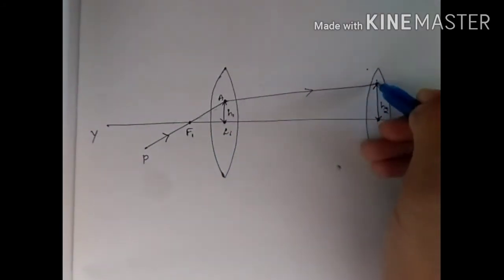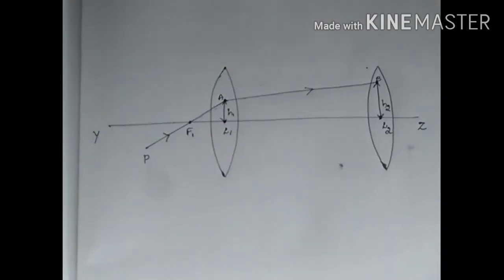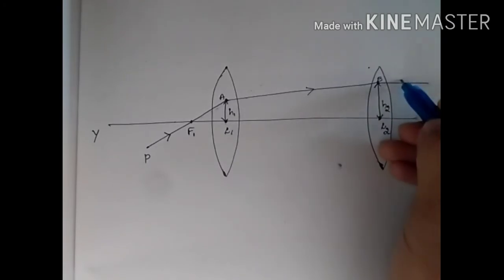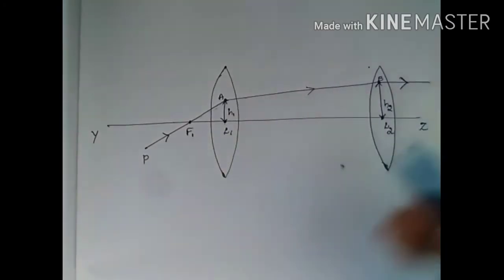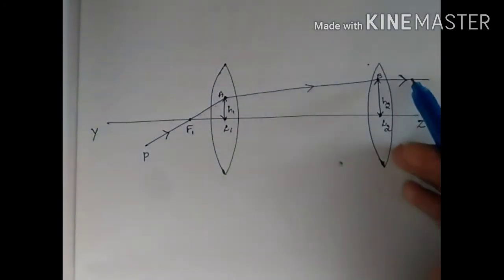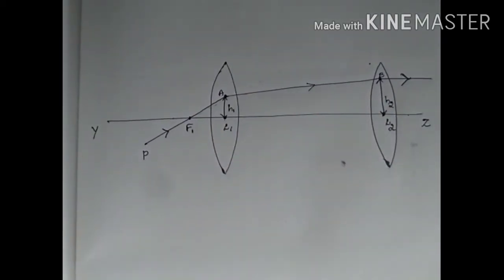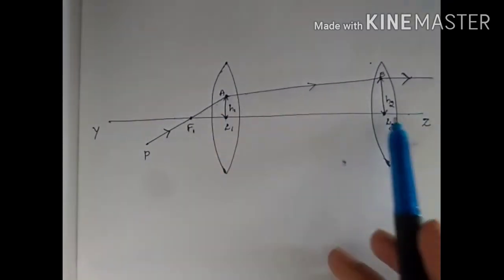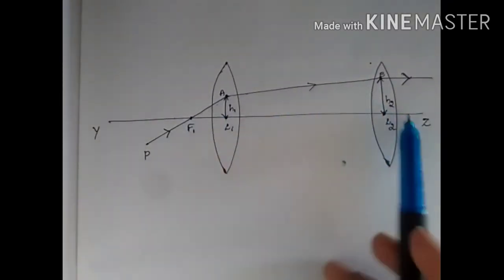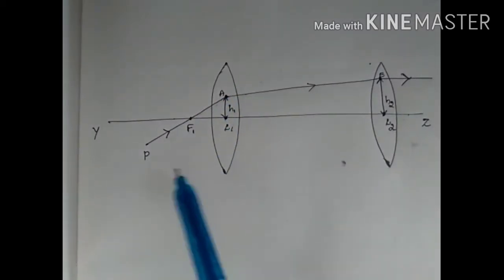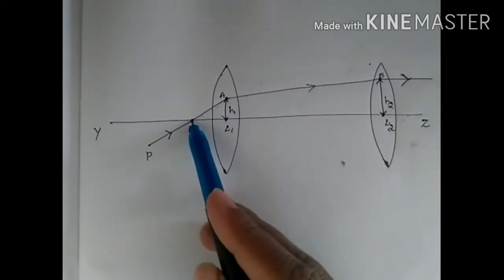Let this point be B. Now this ray from the lens L2 gets refracted and appears as an emergent ray, which is parallel to the principal axis YZ. So you have two parallel lenses, and on the first lens we are incidenting a ray from the focal point.